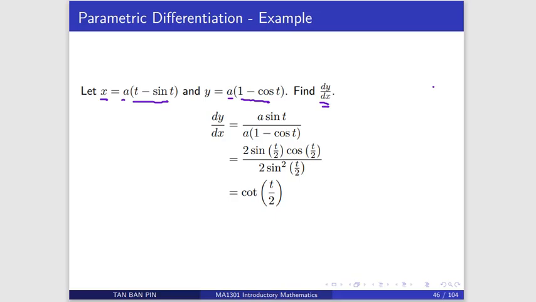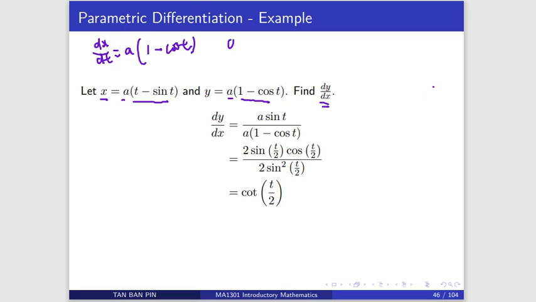So you differentiate this pair of parametric equations. a is a constant. To find dx/dt, differentiate t is 1, differentiate sin t is cosine t, so it's just a times (1 − cosine t).